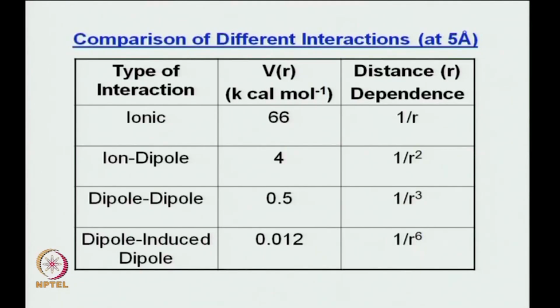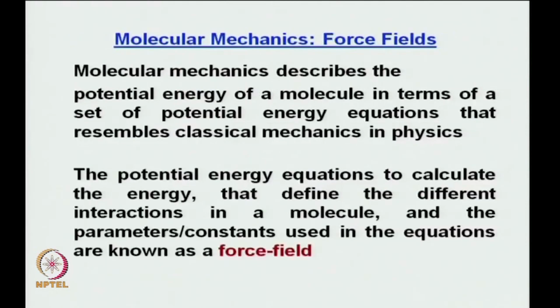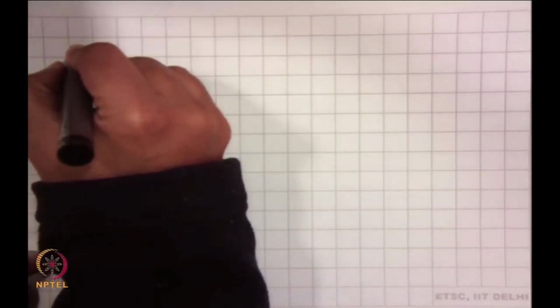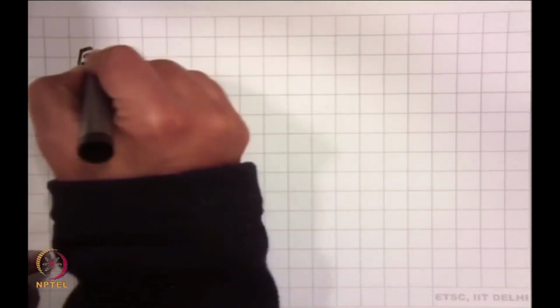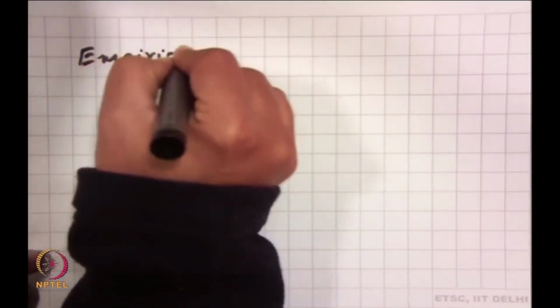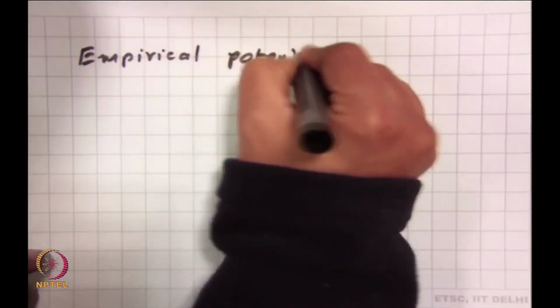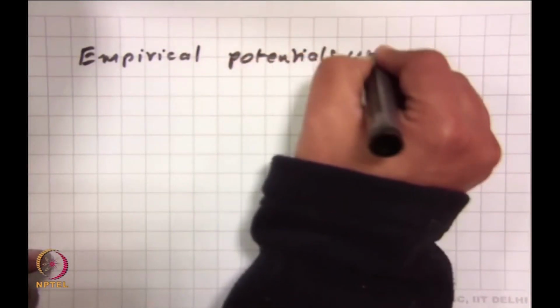Having looked at this, another question comes to our mind. We are talking about different potentials V of r. Now, if I am talking about these potentials, what is the form of a potential? That means, what are some empirical potentials used?